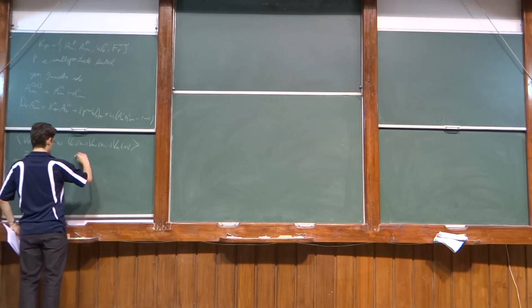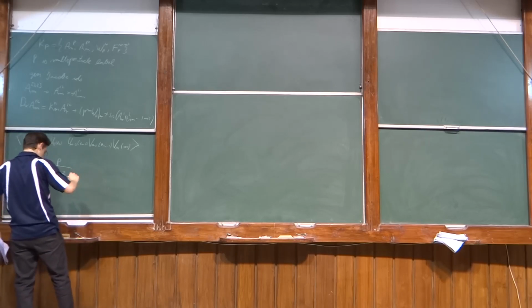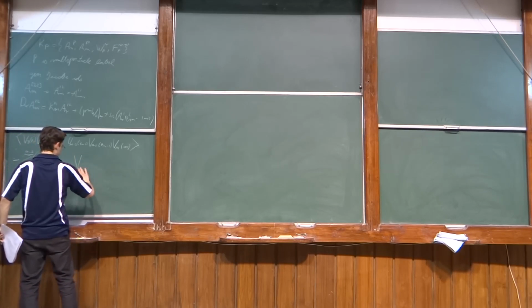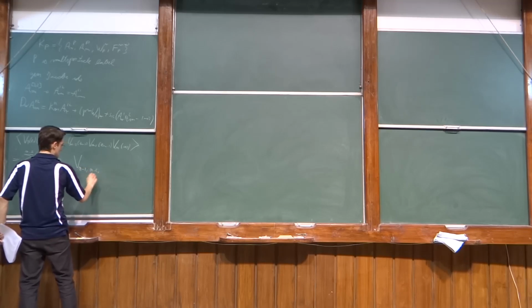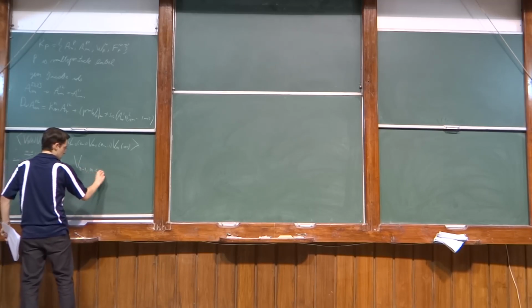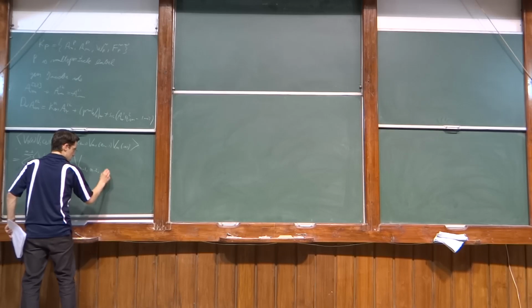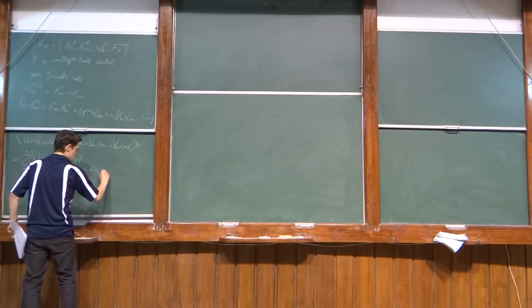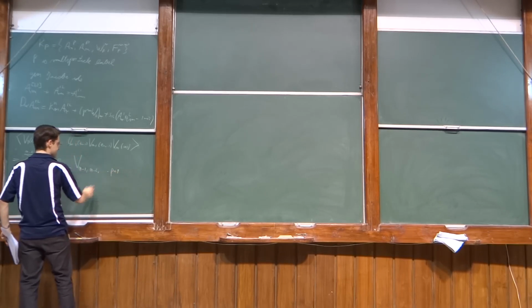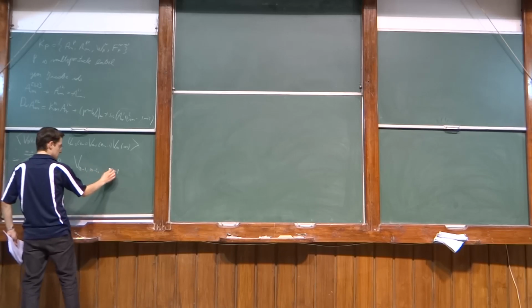And then b, n minus 1, n minus 2. I'm writing the comma just to separate the labels, and then up to p plus 1. I hope the notation is clear.